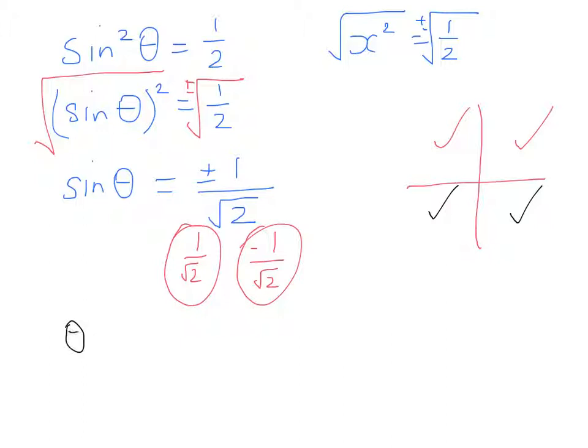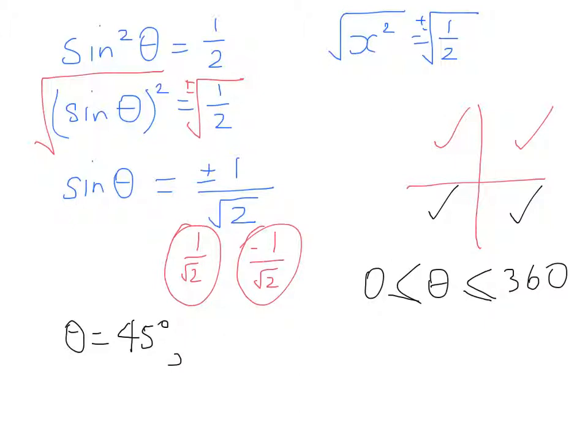The first of which is, well, sine theta equals 1 on root 2. That's one of our exact values. They don't always come out that way, but they often do. 45 degrees. And then everything related to that between, I forgot to put down the domain, but let's call it between 0 and 360.